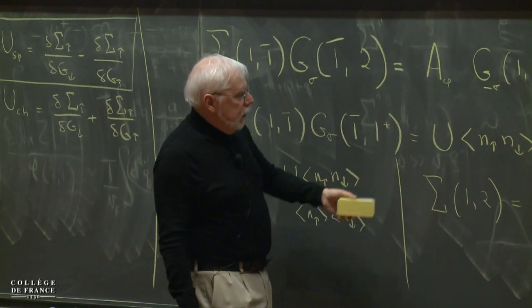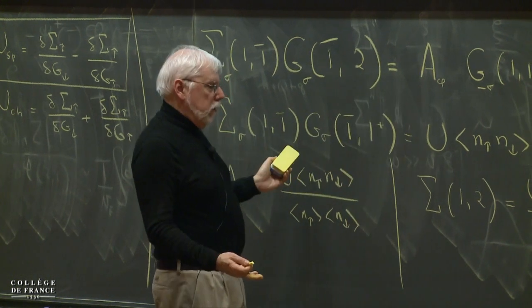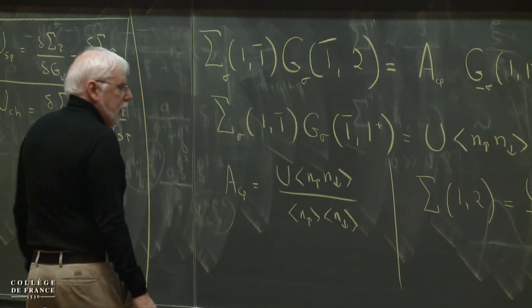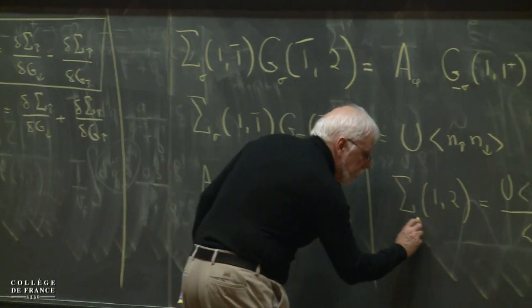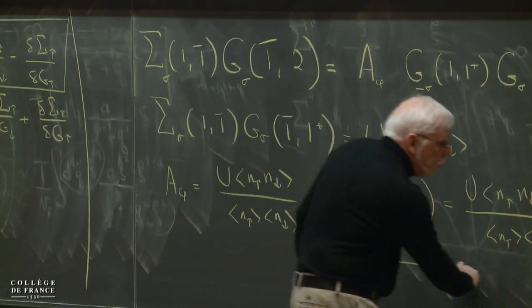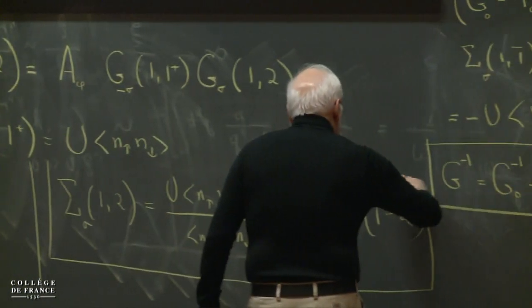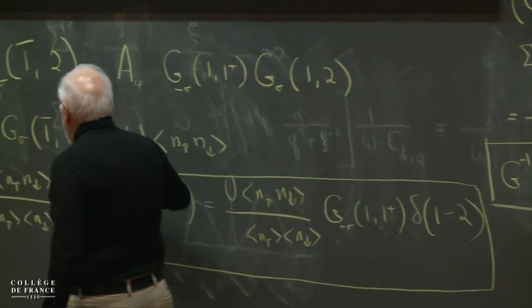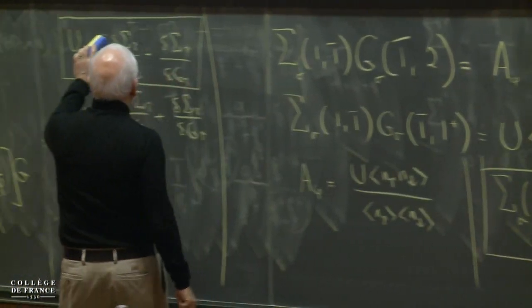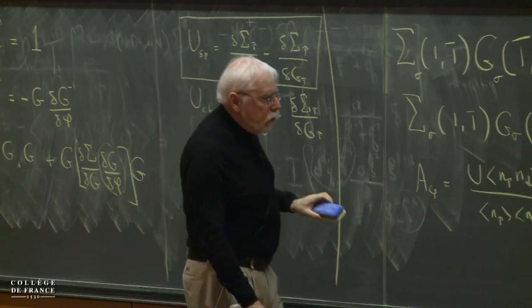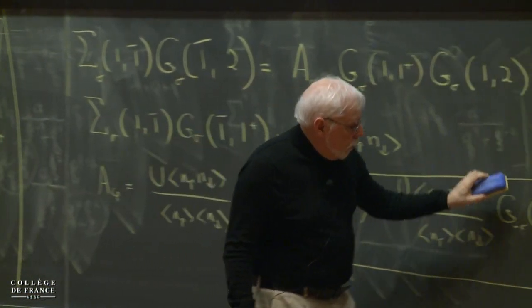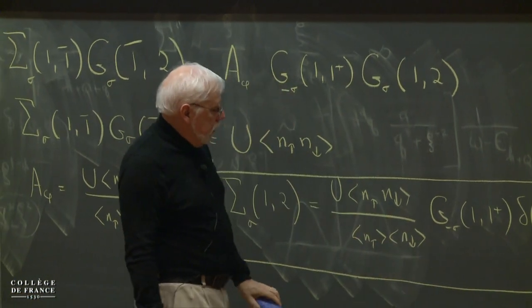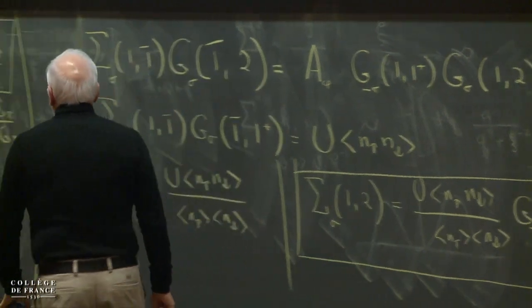Okay, I just multiplied this expression by G minus 1. Now, this is for spin sigma. If I take a derivative with respect to the Green's function for the opposite spin here, then this will disappear, and I'm left just with U n up down.